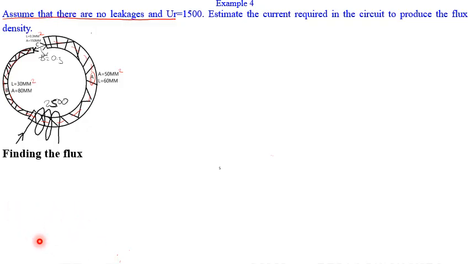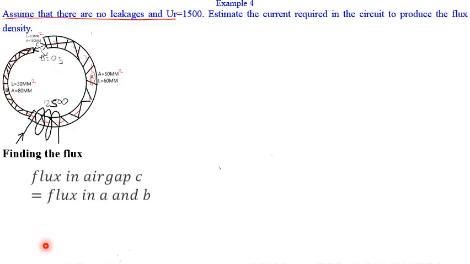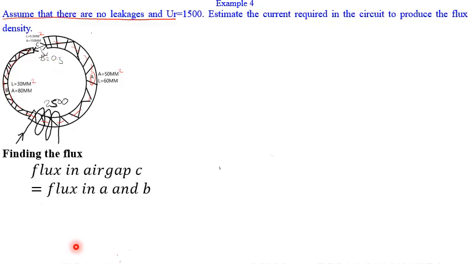So let us calculate the flux at C, because they've given us the flux density at C. To calculate the flux at C, we simply multiply our 0.3 times our area.